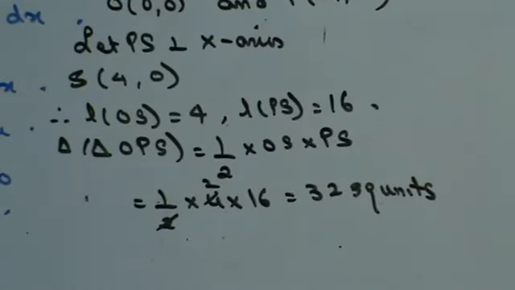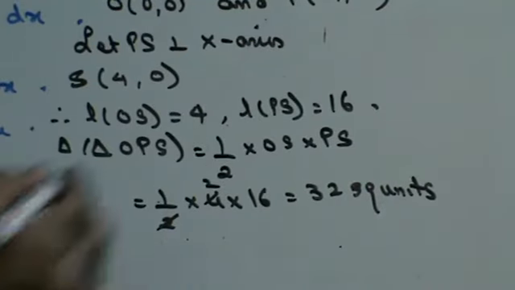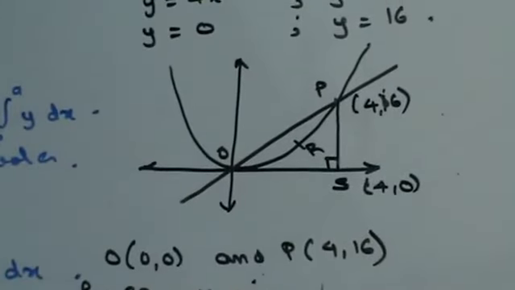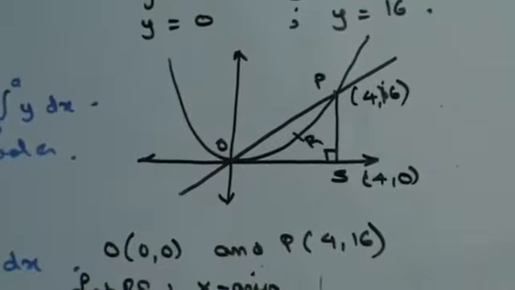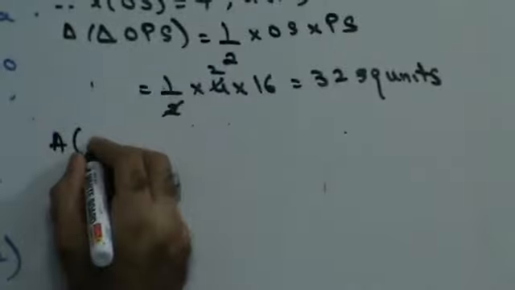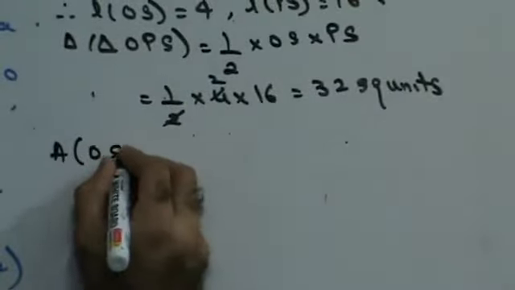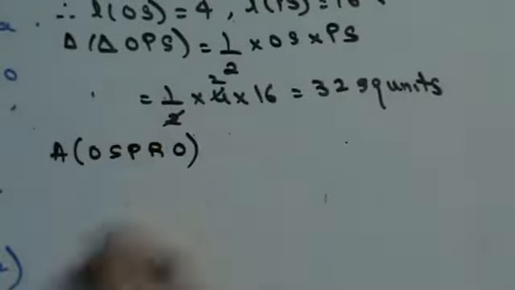So I found the area of the triangle. Now I need to find out the area of the sector. Let's call this R. Now I need to find out the area of the sector OSPRO.